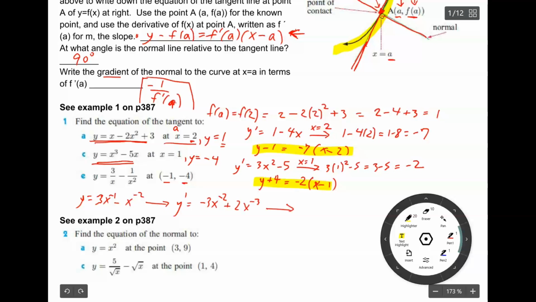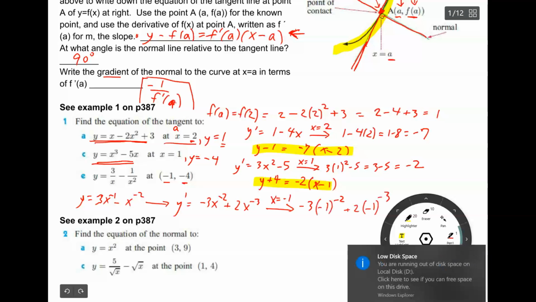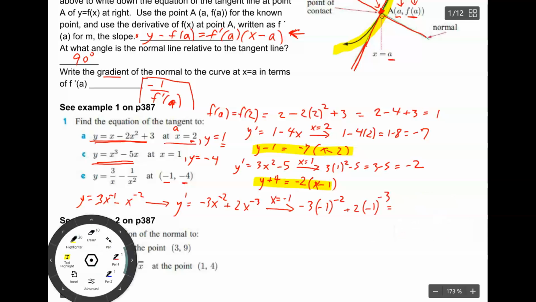Now we're going to plug in x equals negative 1 to see what the derivative function is equal to at that particular point. It's going to be negative 3 times negative 1 to the negative 2, plus 2 times negative 1 to the negative 3. So that is equal to negative 3 over negative 1 squared plus 2 over negative 1 cubed, and they're both in the denominator.